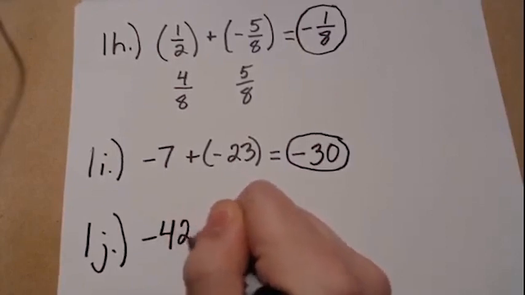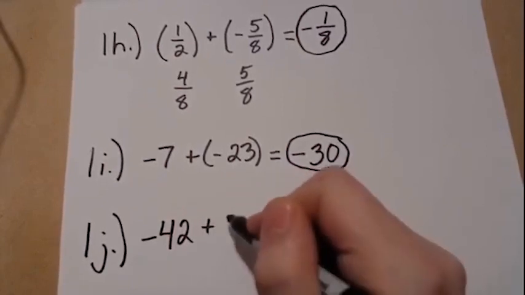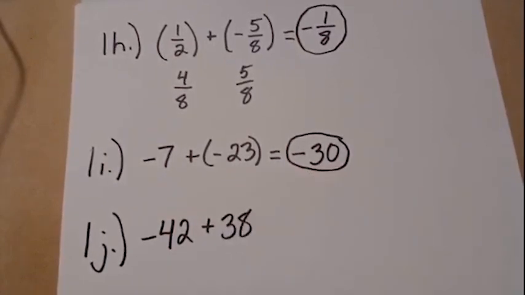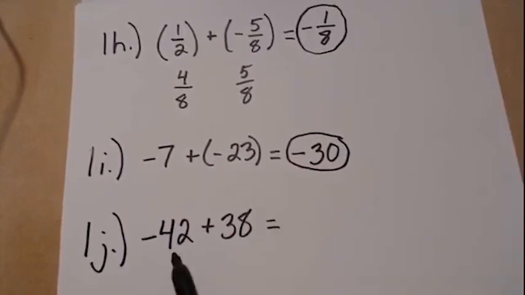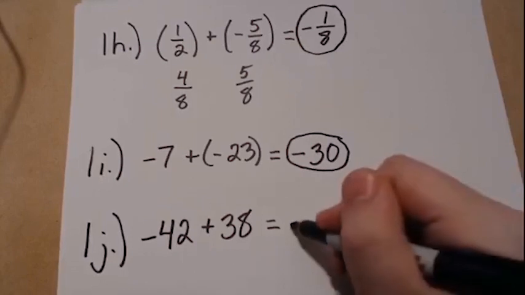For 1J, negative 42 plus 38. Adding two numbers with different signs, the larger absolute value is 42.